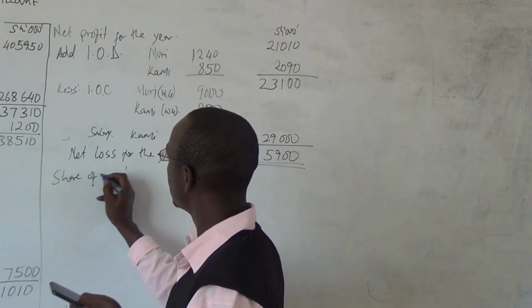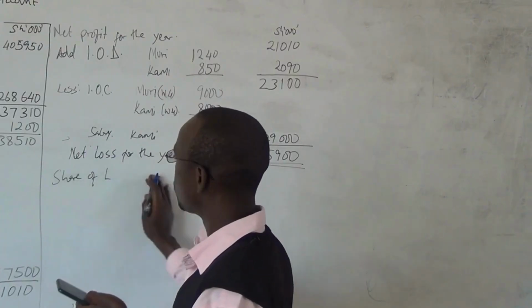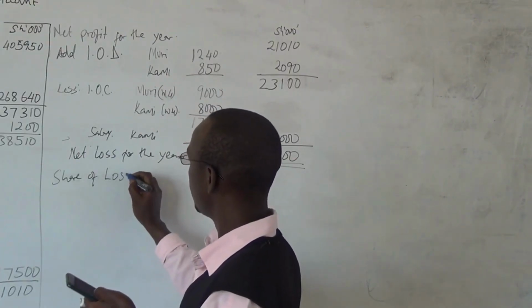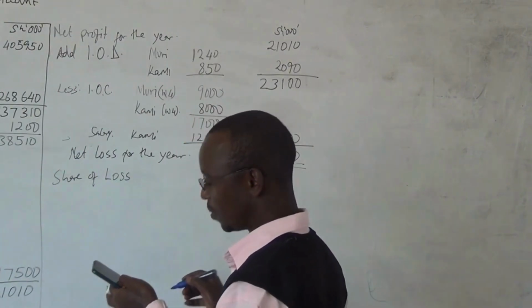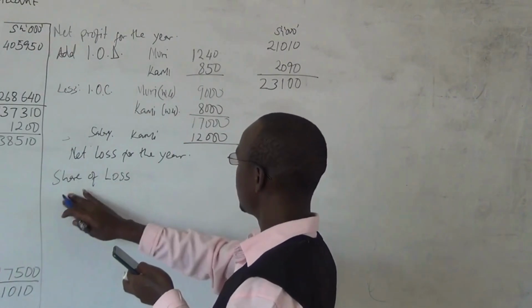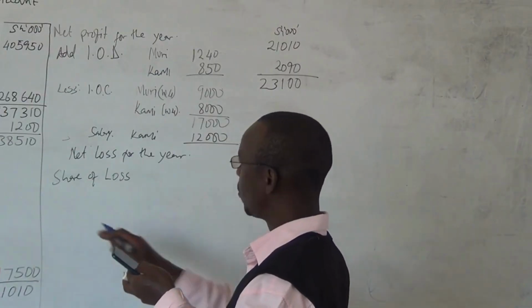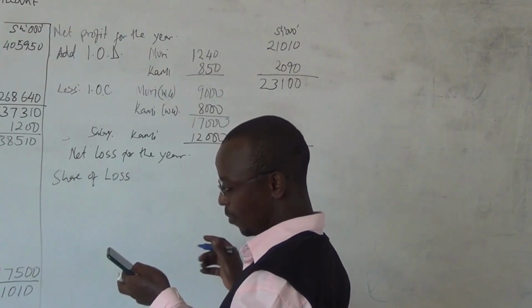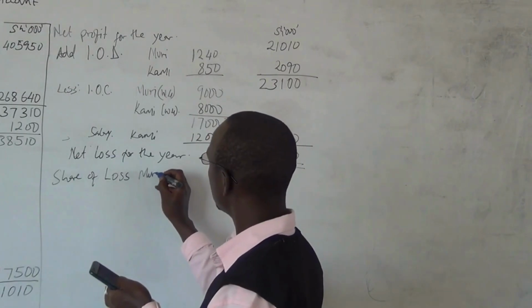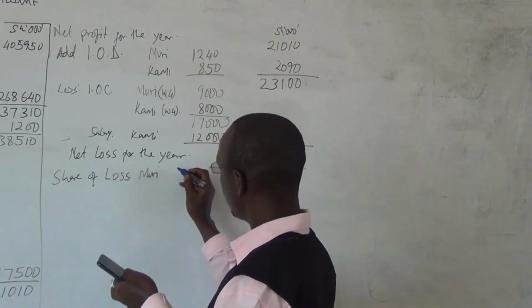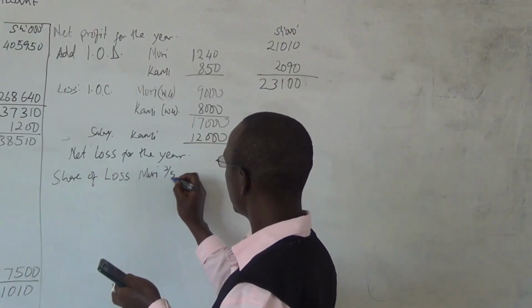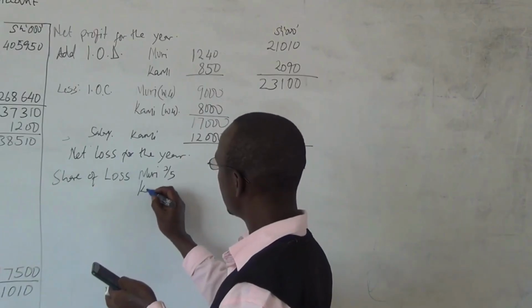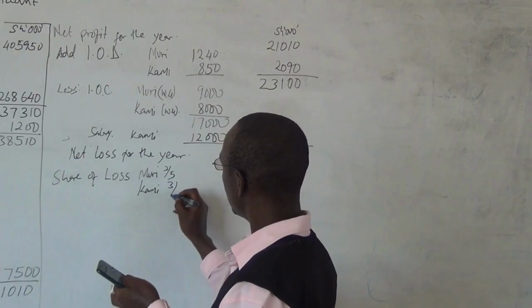Share of loss. You can write SOL or POL. SOL, that is share of loss, or SOP, share of profit. So, share of loss, you have 2/5 and then 3/5.